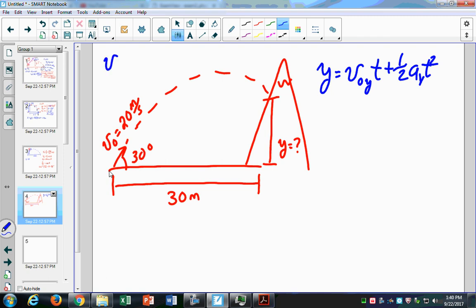V naught y is 20 sine of 30. It's 10. I know a y is negative 10, but I don't know t. So I need to find t. And so that's the hard part on this, finding out what is t. How can I find t?